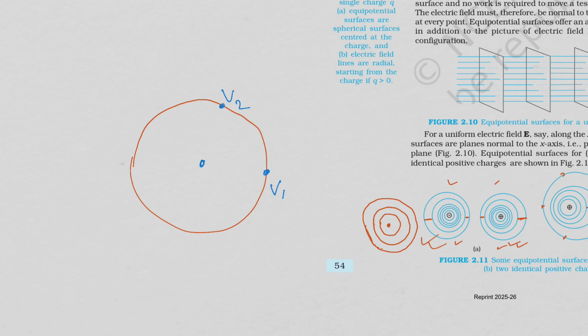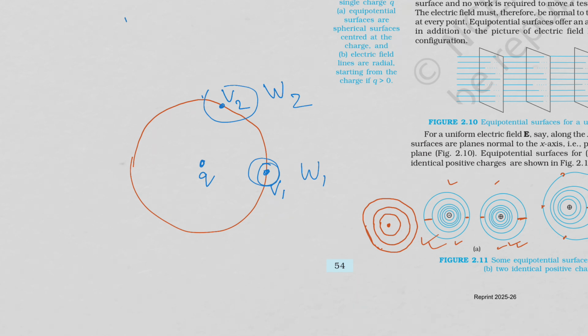and there is a charge at the center. If the work done in bringing a charge from infinity to a point right here, where we have the value V1, is suppose W1, and the work done to bring the charge from infinity to the point where the potential is V2 is suppose W2.